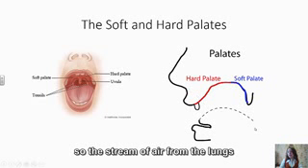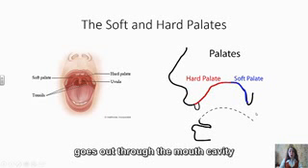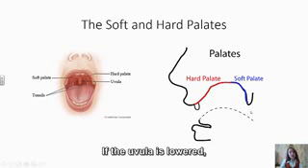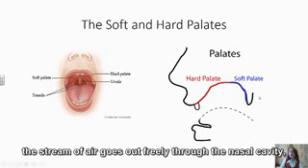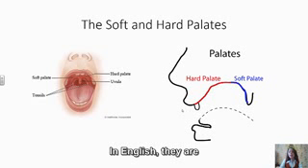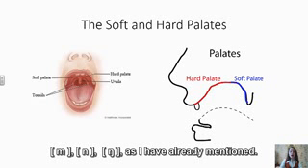So the stream of air from the lungs goes out through the mouth cavity and oral sounds are produced. If the uvula is lowered, the stream of air goes out freely through the nasal cavity and nasal sounds are produced. In English, they are m, n, as I have already mentioned.